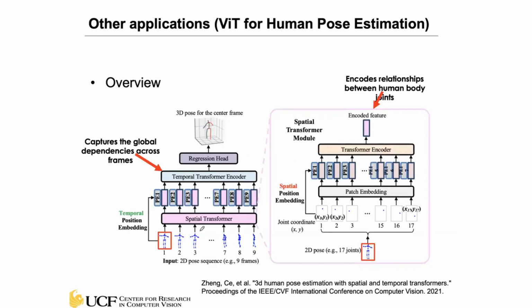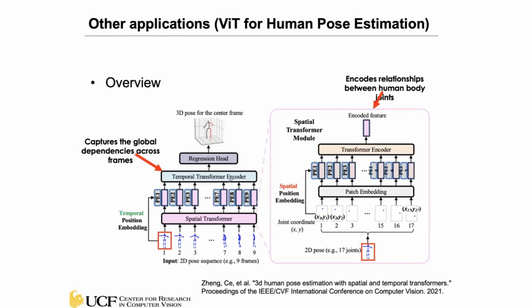So what we do is, for each of the joints, we consider that a sequence. For each frame, we have 17 joints. We use that as an input, feed it into the transformer encoder, and generate the feature embedding for each of the joints within one frame. Once we have that, one frame becomes one feature embedding that models the joint correlation within this frame.